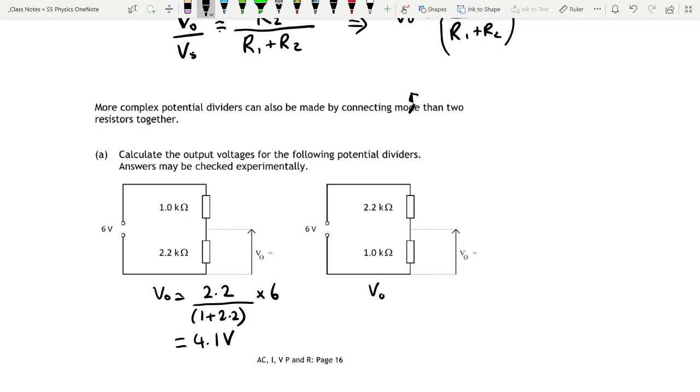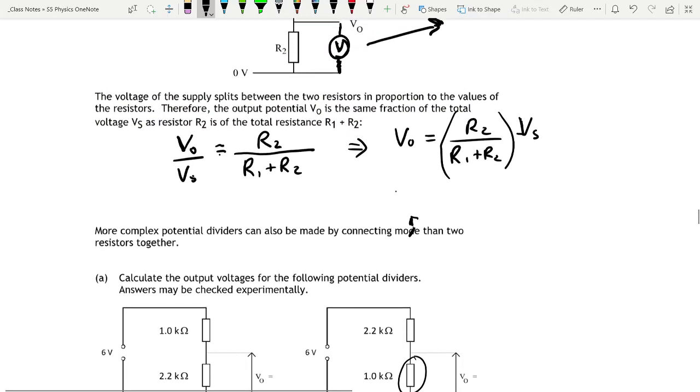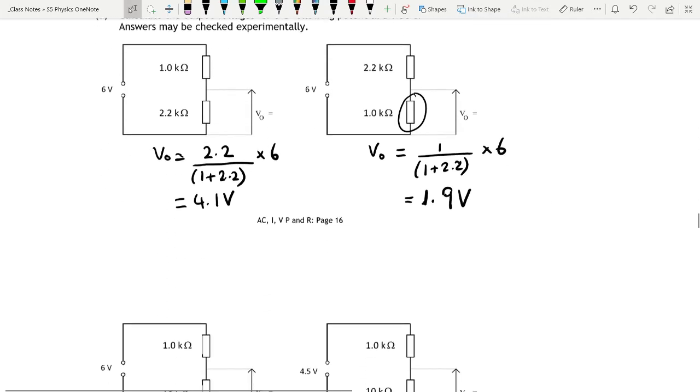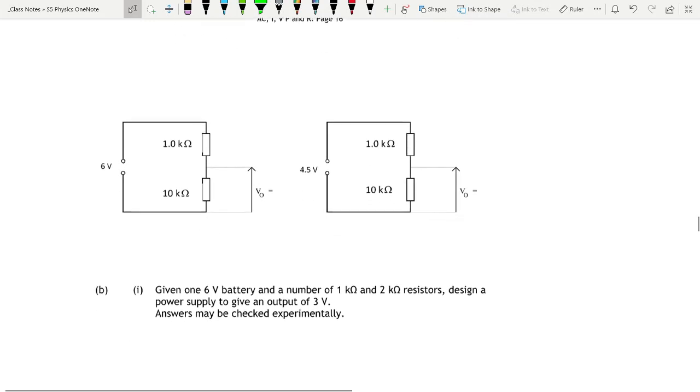And for the second one, R2 is now in the opposite place. So we've got 1 divided by 1 plus 2.2 times 6, which comes to 1.9 volts. You're just using the potential divider equation to work those out.